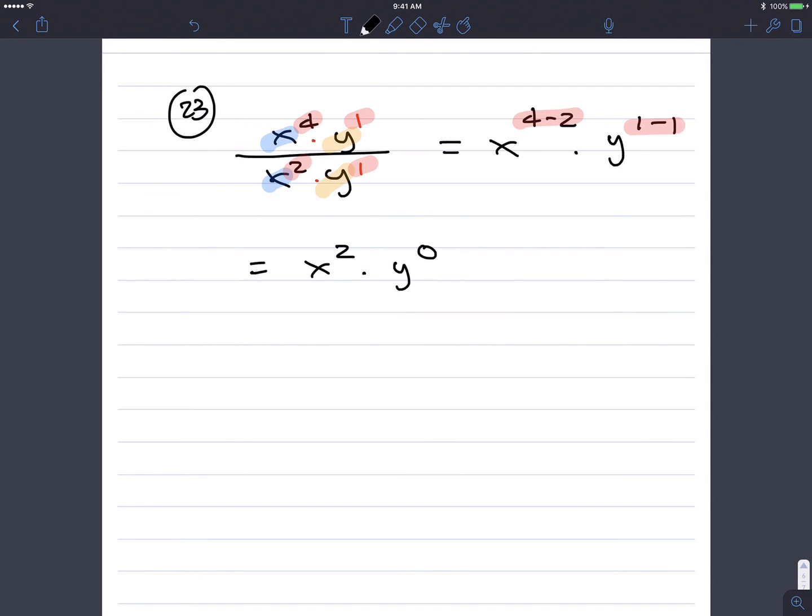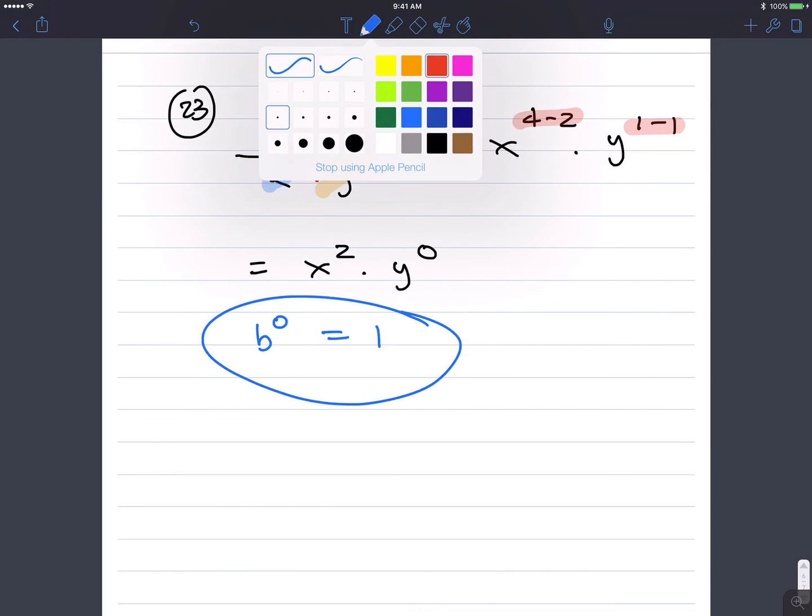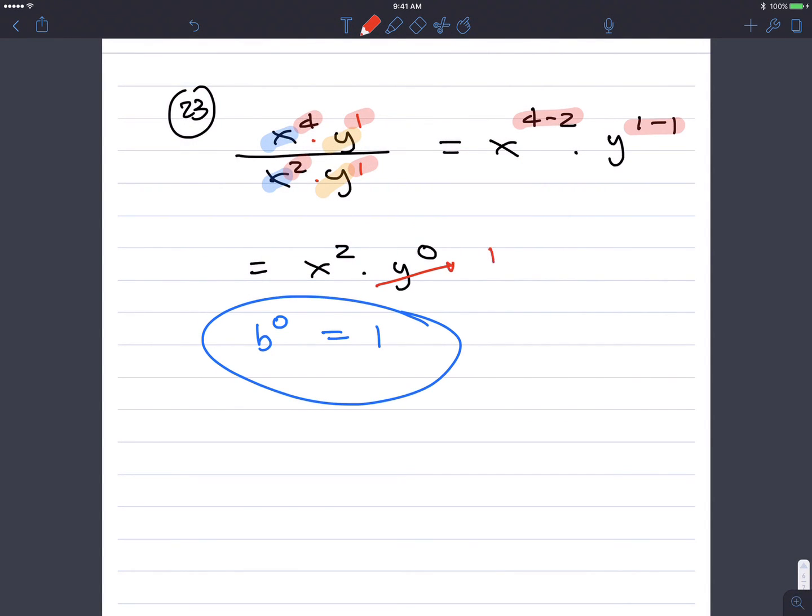Now let's remember, there's another property that any base to the 0 power is the value 1. So I replace y to the 0 power with the number 1. We have x squared times 1, and anything times 1 is itself. This is simply x squared. That's number 23.